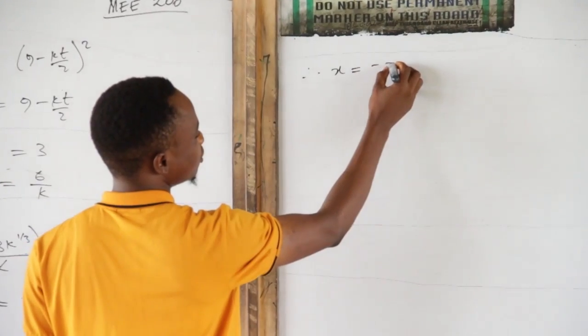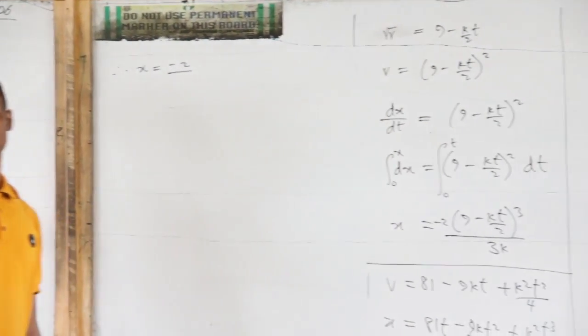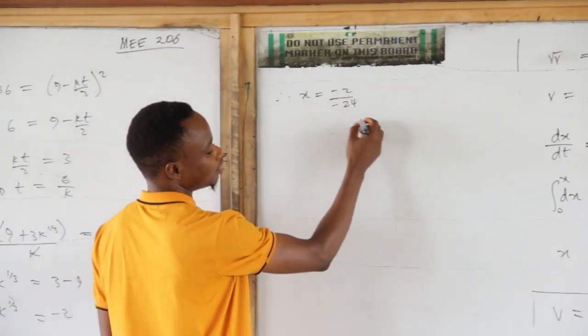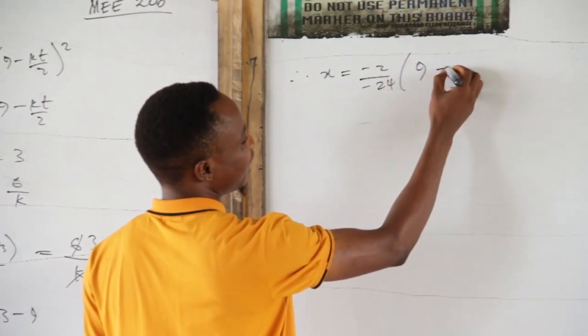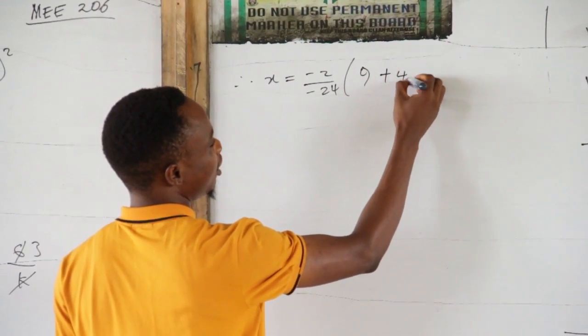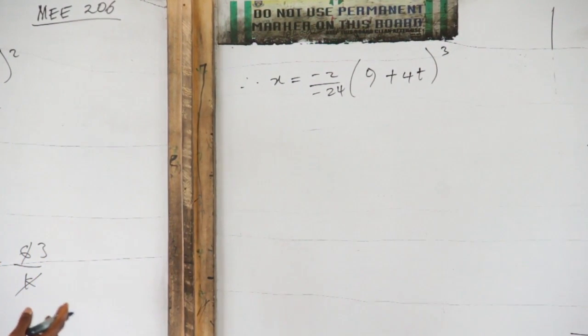X equals minus 2 over 3k. That's minus 3 times minus 3 times minus 8. That's minus 24 into 9 minus, this is minus 8, that will become plus 4 raised to the power 3. Do you understand that?